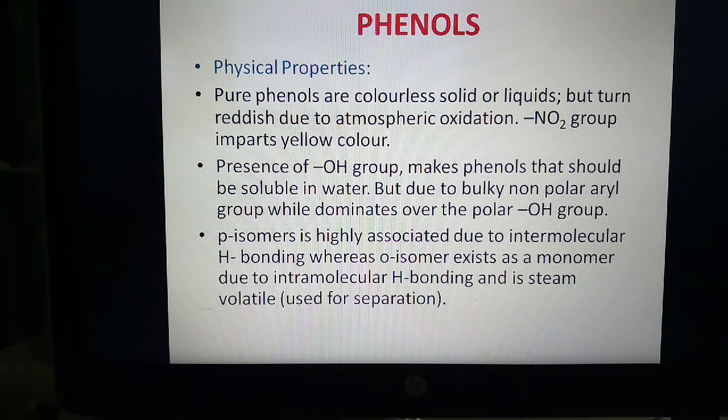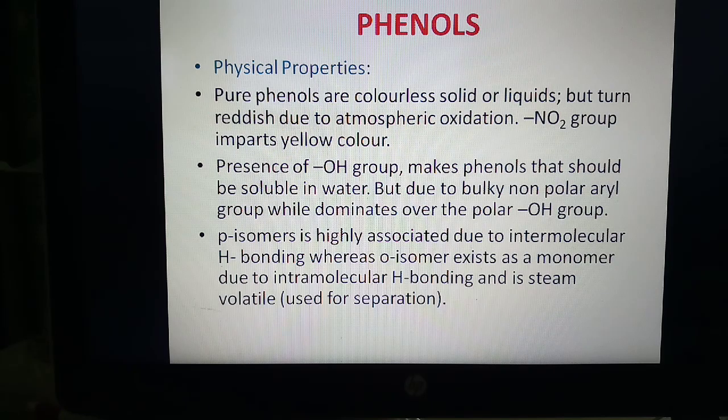The second point illustrates that the presence of the OH group should make phenol soluble in water, but it is actually not. Phenols are not soluble in water. We have already learned that alcohols are highly soluble because they have the OH group.